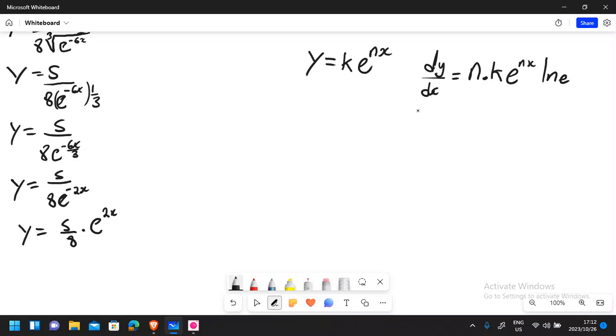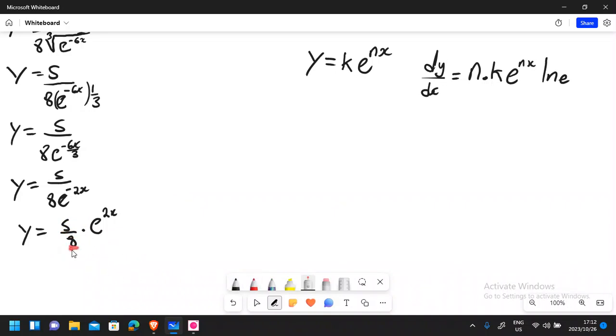All right, but we need to know what n is, and what k is as well. So when you look at this function here, guys, we can see that we do have k.